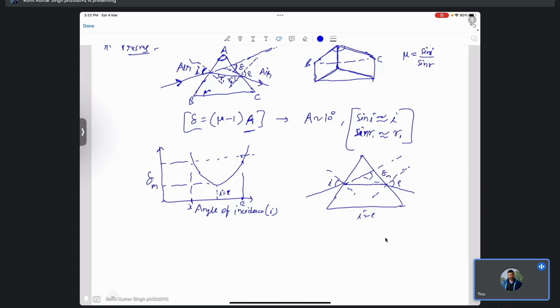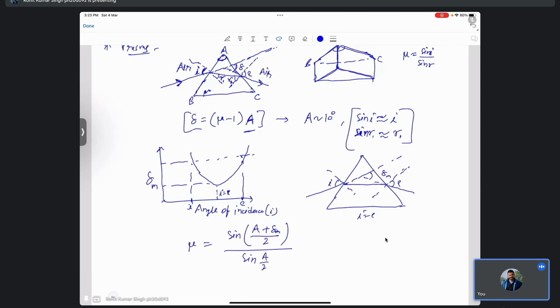You can derive the formula for the angle of minimum deviation, so let me write it. It's called the prism formula. It is given as this. You must have seen this formula and used it also.